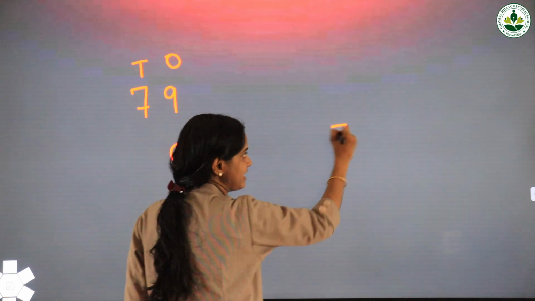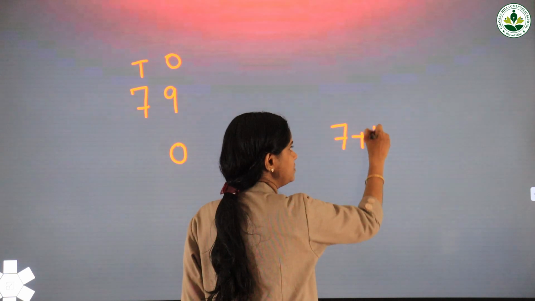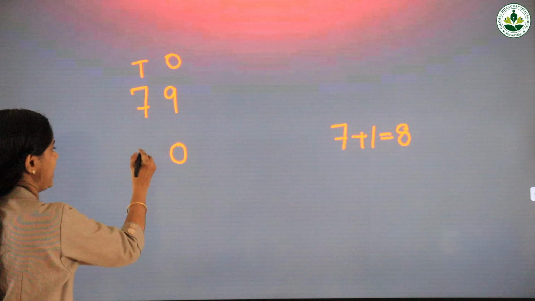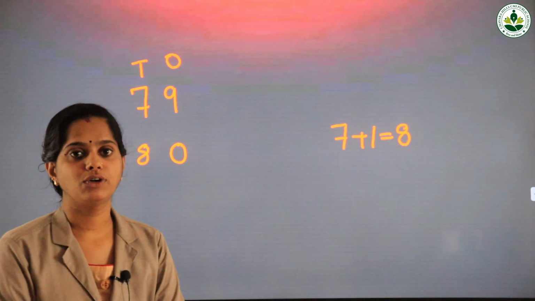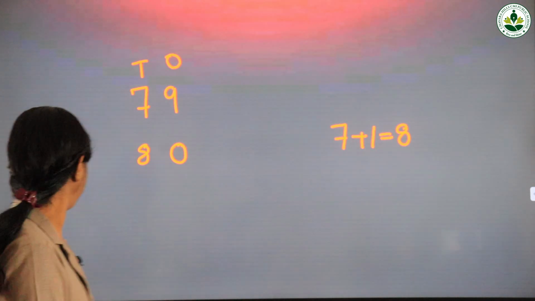Here the digit in the tens place is 7. Adding 1 to 7 we get 8. So we can write 8 in the tens column. So we can say that 79 can be rounded off to 80 to the nearest 10.